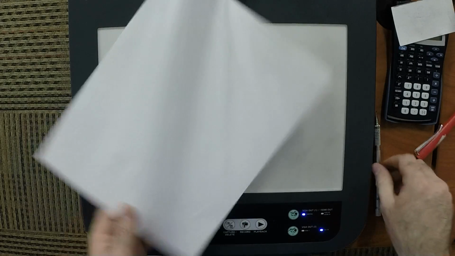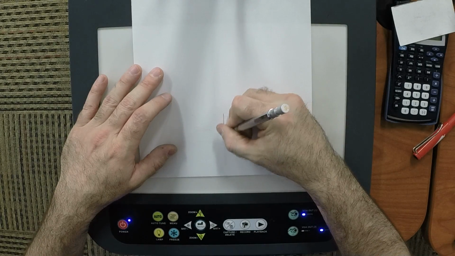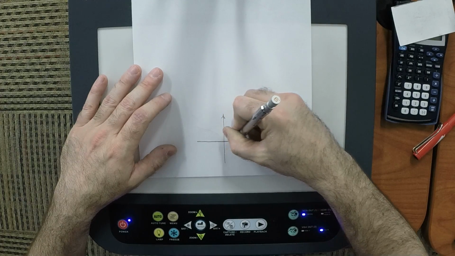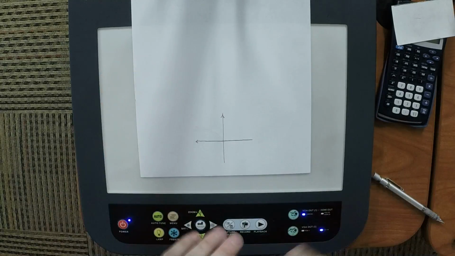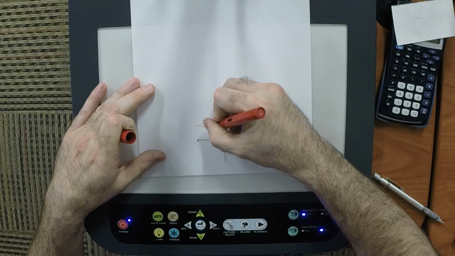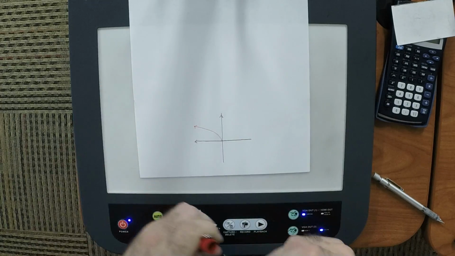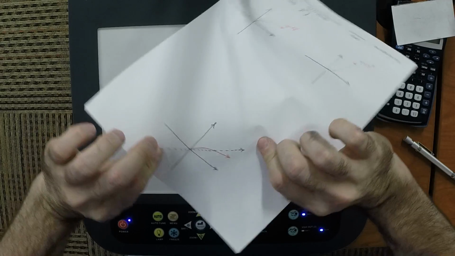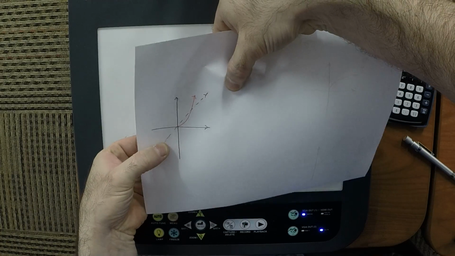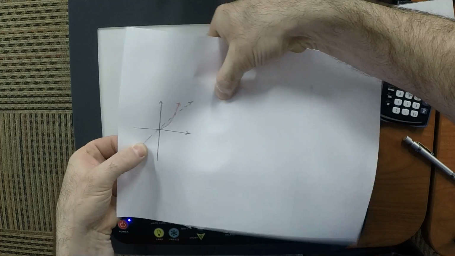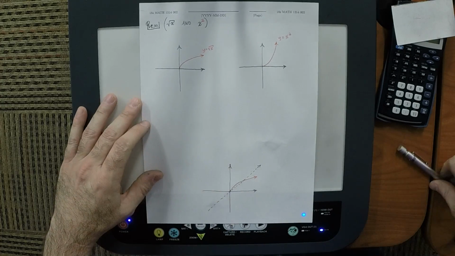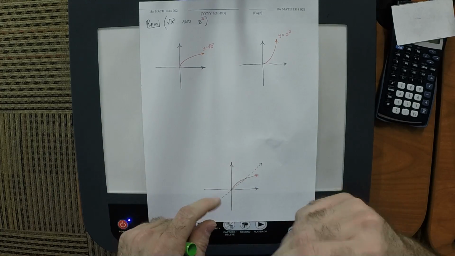And the reason why that's the case is because. Can you see it? So now I'll draw the rest of the parabola.